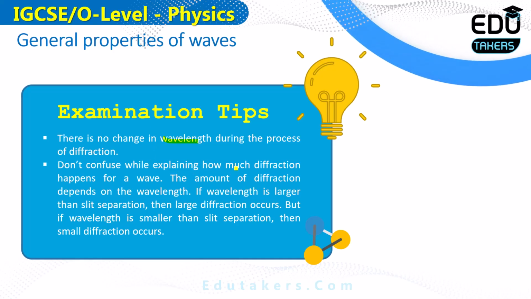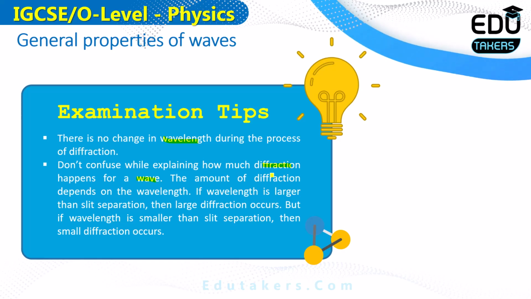Don't get confused while explaining how much diffraction happens for a wave. Just compare the slit separation with the wavelength of the wave. If the slit separation is smaller than or comparable to the wavelength of the wave, then there would be large diffraction. But if the slit separation is larger than the wavelength, then there would be small diffraction.